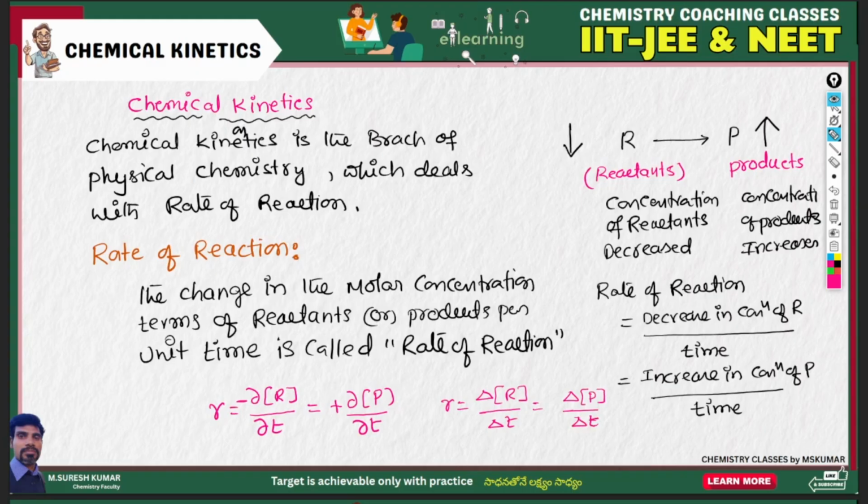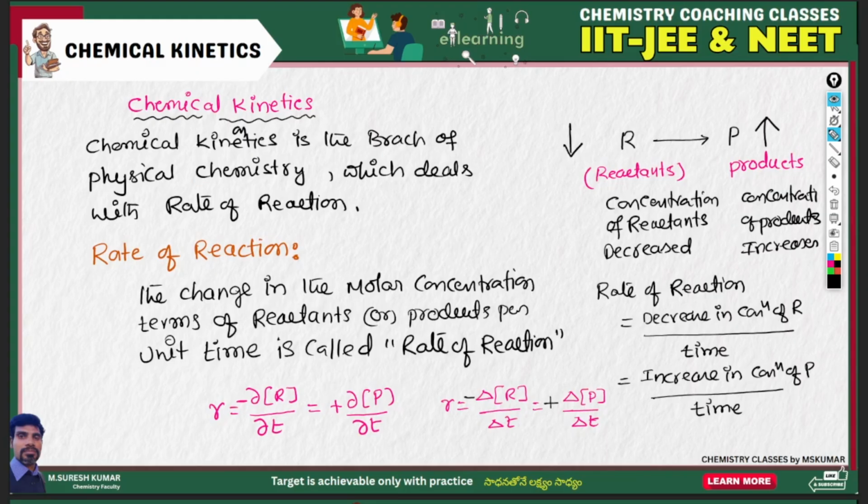But according to the given statement, the concentration of reactants decreases, so in front of the concentration term of reactant we use a minus sign. The concentration of product increases, so here we use a positive sign. So rate of reaction R is equal to minus Δ molar concentration of R by change in time Δt.